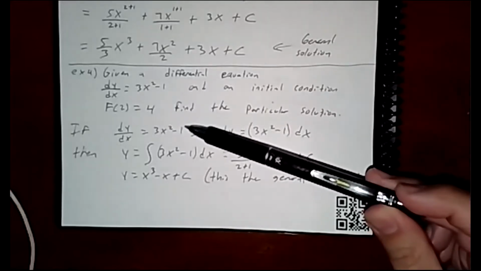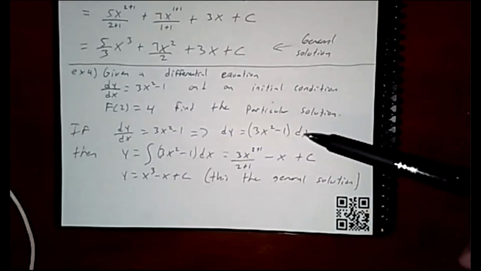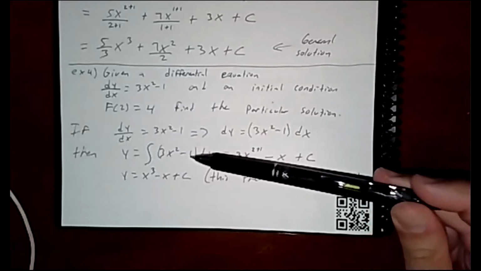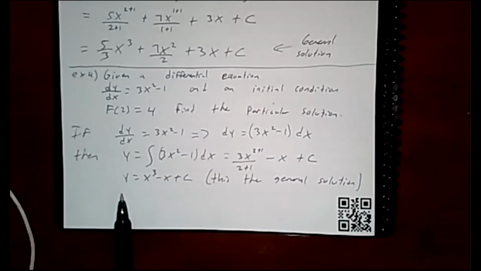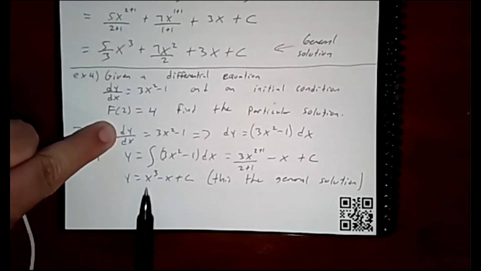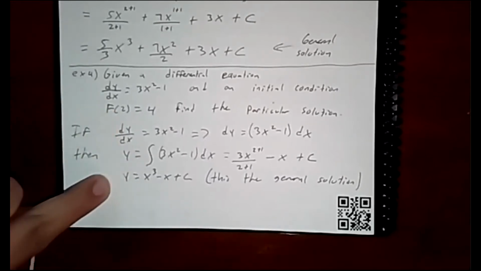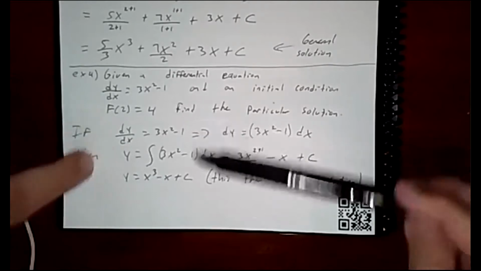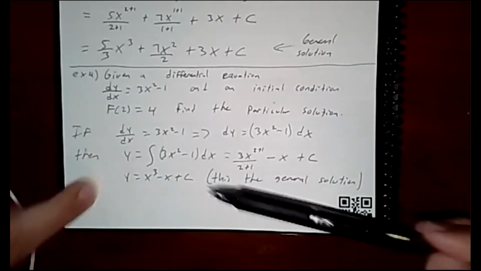We were given this differential equation. We should realize that we can separate this, take the antiderivative to find the original function. So y is your regular function. Dy dx is the derivative of this, right? That's what the notation means. Given the derivative, find the original, right? That's what we're doing.